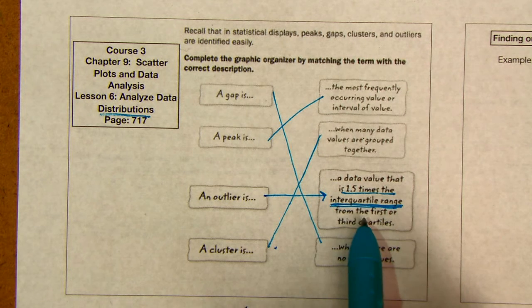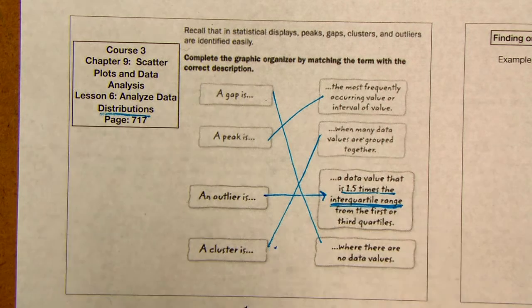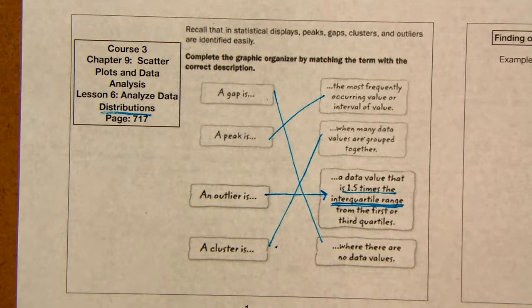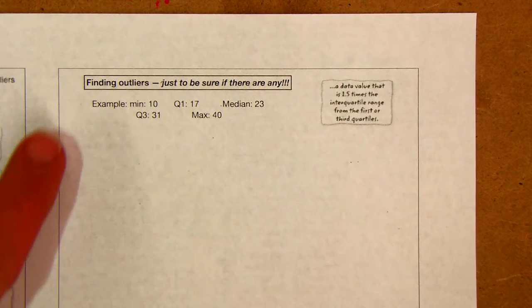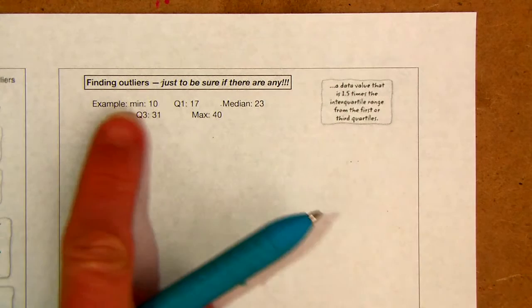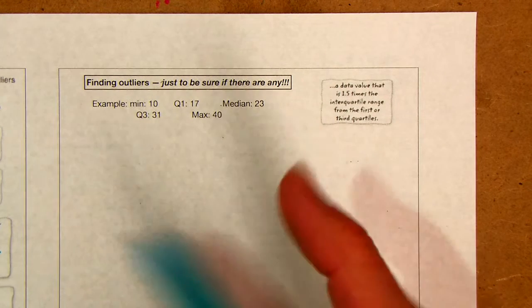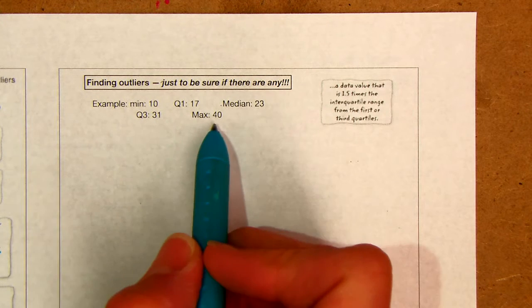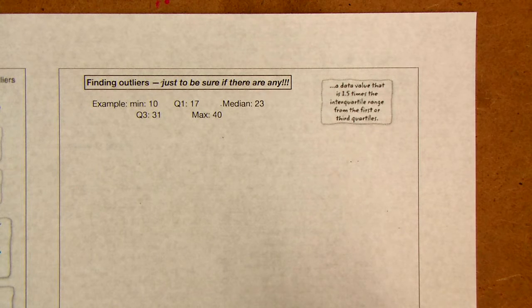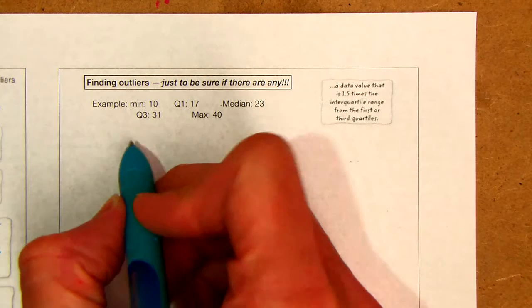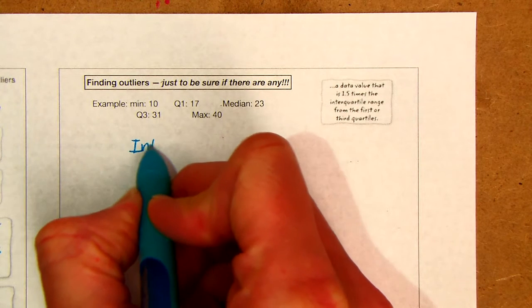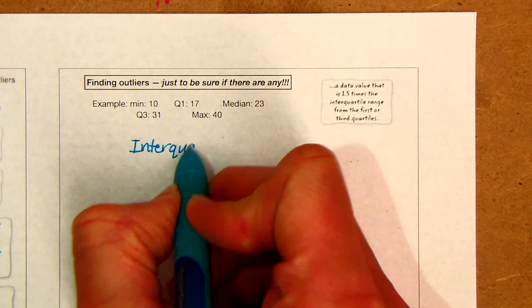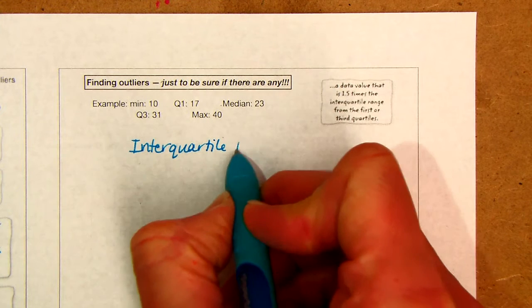Okay, so finding an outlier. If this is my example, and this is a 5-number summary, so we have the minimum, quartile 1, median, quartile 3, and the maximum values. In order to determine if something is an outlier, we have to find the interquartile range, which is quartile 3 minus quartile 1.